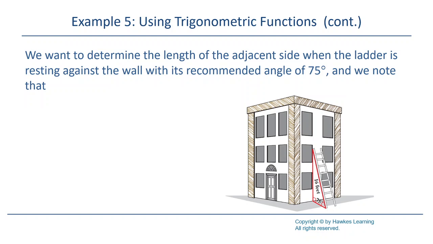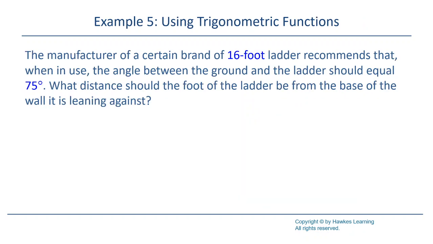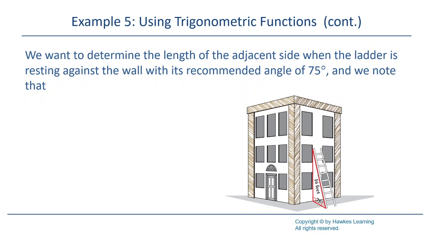So we want the angle to be 75 degrees. So that's pretty easy. We're leaning it up against the building, so we're assuming this is not like some abstract piece of a building to where it's all jagged. We're assuming right angle. And so the ladder in this case is 16 feet. So this is actually, we know the hypotenuse in this case.